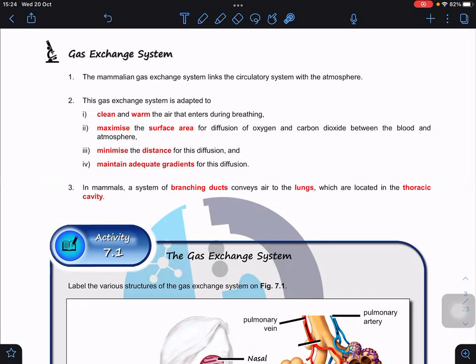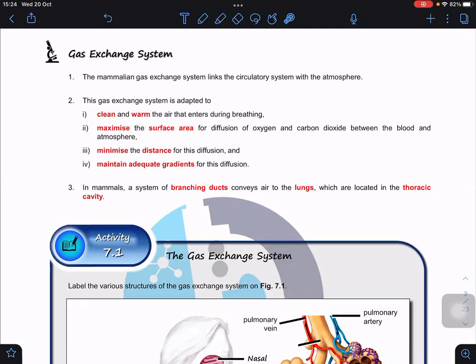Are you clear? Okay, so they work together. We maximize the surface area, we minimize the distance for diffusion. And last, we also know that diffusion is a passive process. So it means that we won't be able to go against the concentration gradient or partial pressure gradient. In order to have the process continuously, we need to maintain a steep partial pressure gradient.